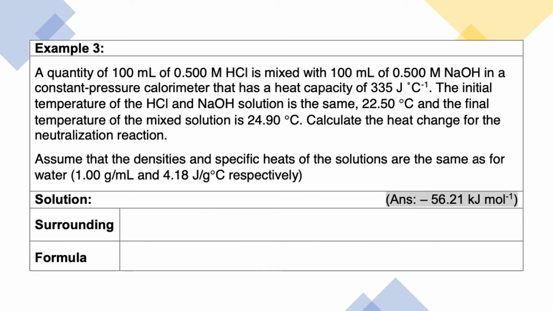Given here, a quantity of 100 ml of 0.5 M hydrochloric acid is mixed with 100 ml of 0.5 M NaOH in a constant pressure calorimeter that has a heat capacity of 335 joule per Celsius. The initial temperature of the hydrochloric acid and the sodium hydroxide solution is the same, which is 22.5, and the final temperature of the mixed solution is 24.9.